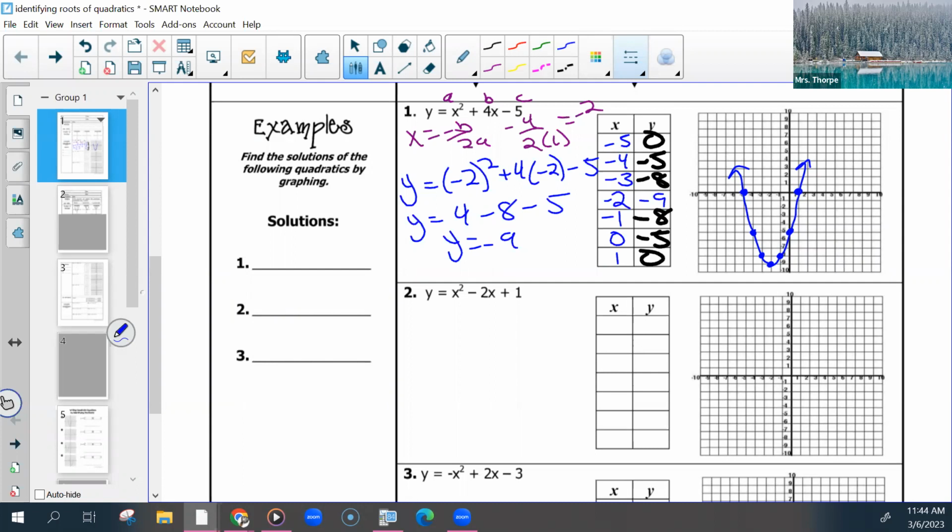Your only choices are 2, 1, or none. 2. It crosses the x-axis twice, so 2. What are those 2? That's one of them.